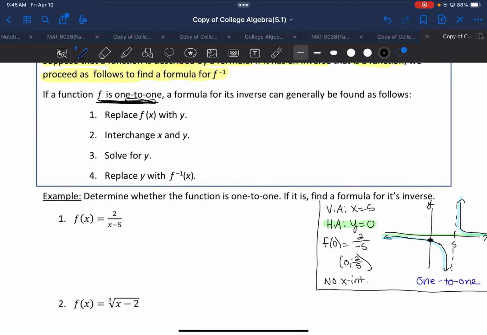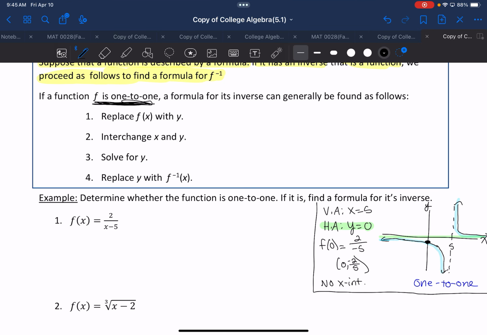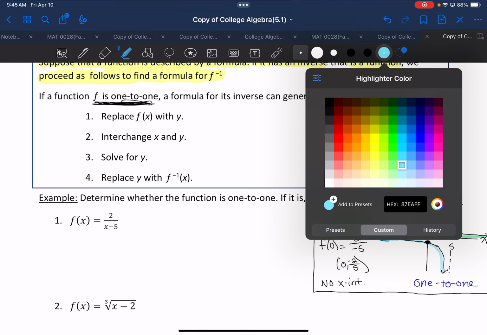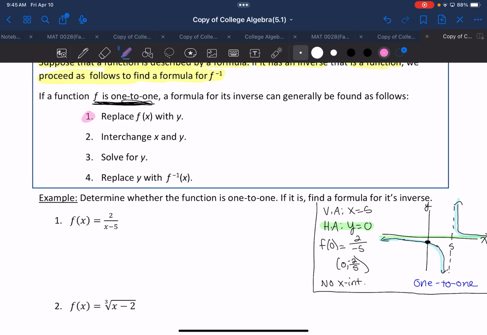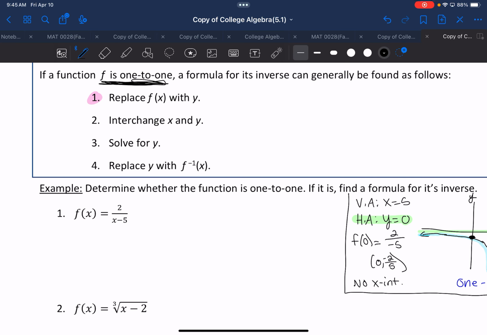We're going to follow these steps up here. So step 1 tells me to replace f of x with y, because we remember that's just what f of x is equal to. It's equal to y. So for step 1, I'm going to rewrite this f of x with a y.